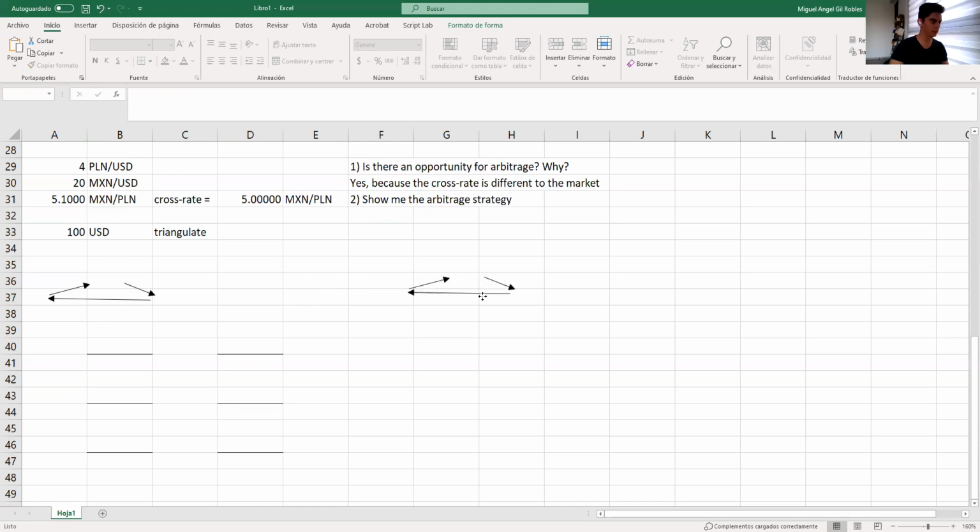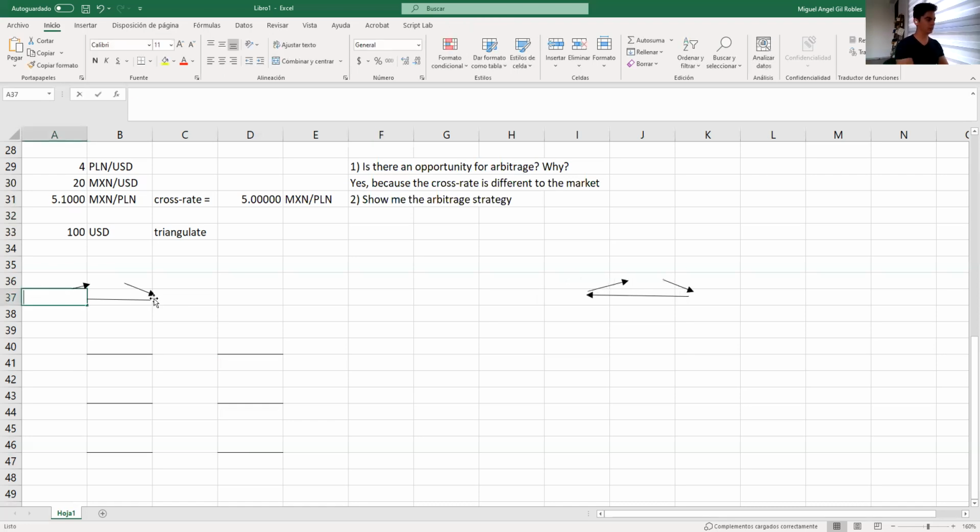You can have the triangle that we just did, dollars, and then from dollars you move to Poland, and then from Poland you move to Mexico, and then from Mexico to the US, or you can do it the other way around. But you always start in dollars, or at least in this exercise, because I tell you you have $100. If I tell you you have 100 pesos, you start from pesos, but here you start in dollars because I am giving you dollars. So the other triangle that you can make is to move to Mexico, then to Poland, and then come back to dollars. So you have two options. Let's start with this option.